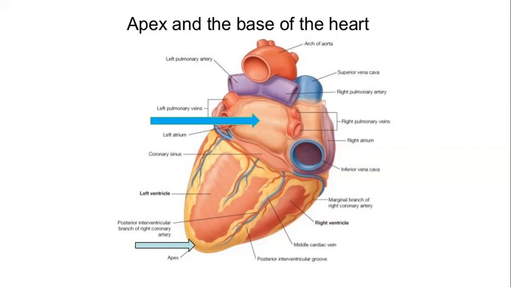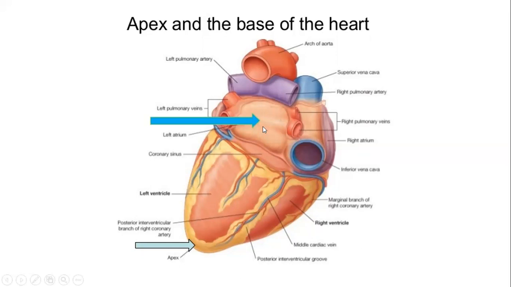Apex of the heart is very important because it actually does not move. It remains motionless during the cardiac cycle of the heart, systole and diastole. What about the base? Base of the heart lies posteriorly, opposite the apex of the heart.